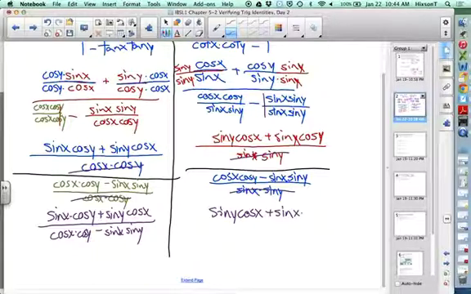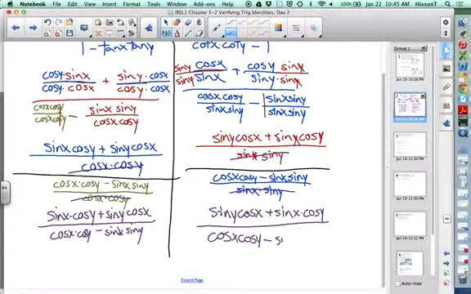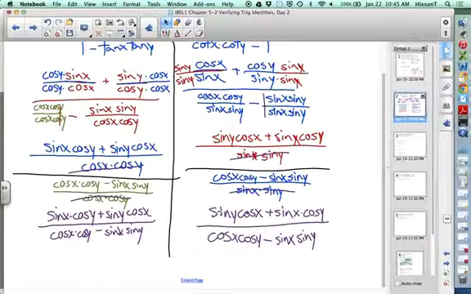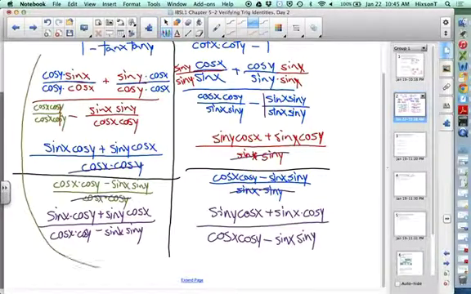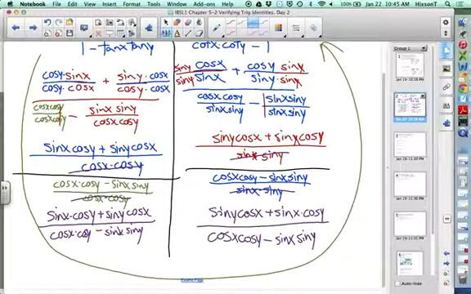And that's over cosine x cosine y minus sine x sine y. Okay? So they're the same, so you can stop. And like I told Ashley, our proof just kind of follows a U to get one side to equal the other.